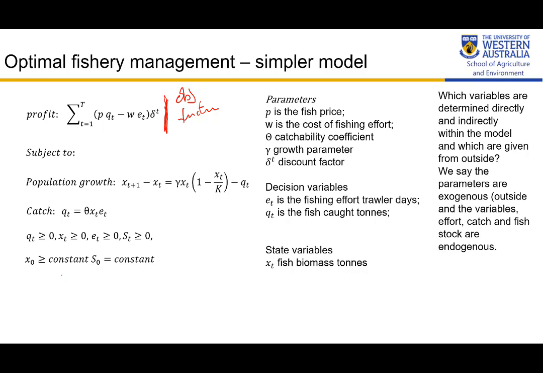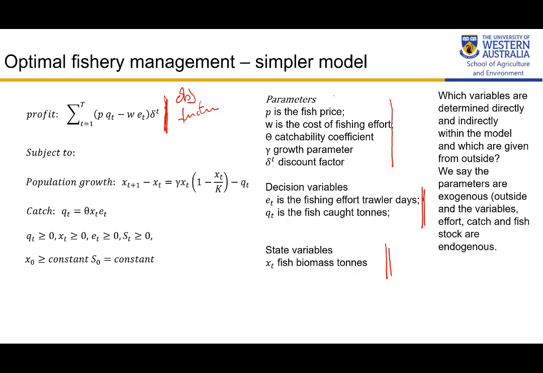You can split the model down into a set of parameters and some decision variables, which can be either the effort in terms of trawler days or the quantity of fish caught, and then there's a state variable.